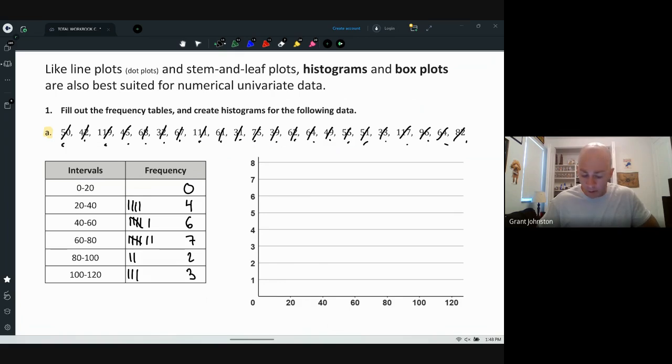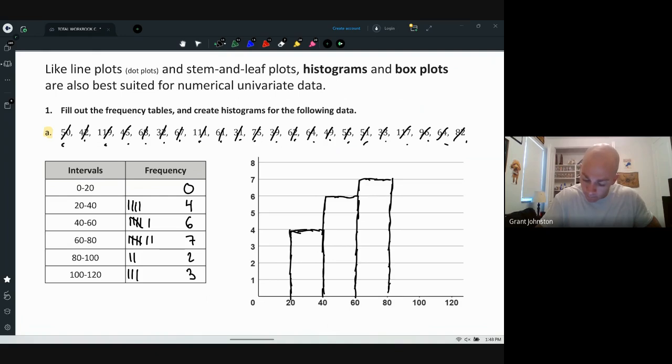So from 0 to 20, there's nothing. 20 to 40 was 4. So I draw my histogram like this. 40 to 60, there was 6. 60 to 80. 80 to 100, just 2.